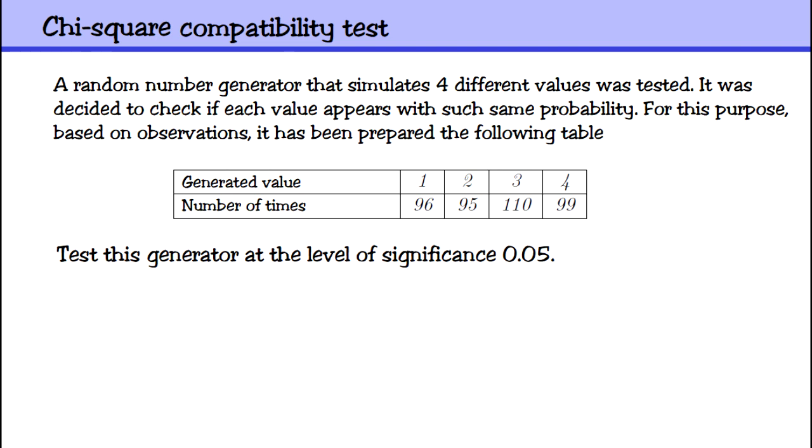We can see the number of observations was, for the first value 96, for the second 95, for the third 110, and for the fourth 99. It seems that the third value appeared a little more frequently, and the first two values more rarely, but is it by chance? We will test it.